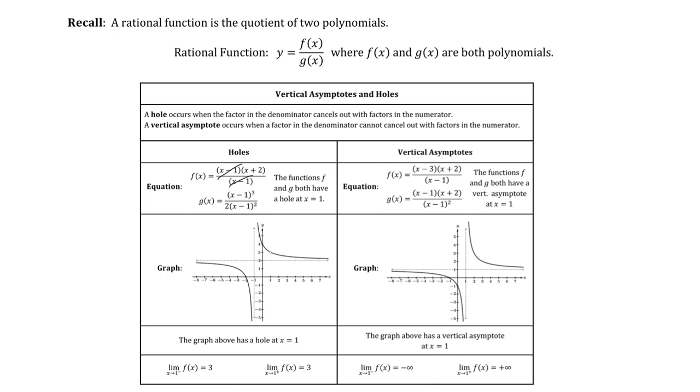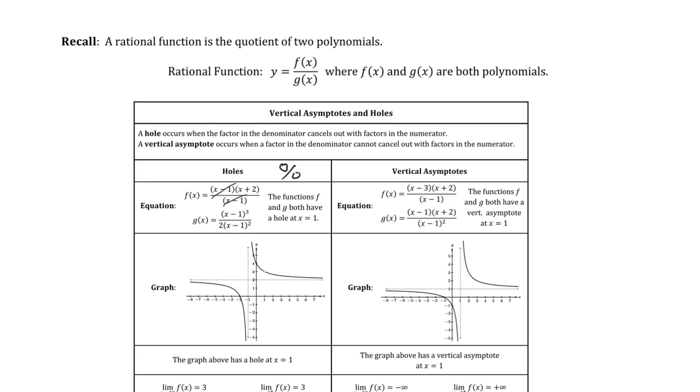I would end up getting a 0 in the numerator and a 0 in the denominator, and we can't have that, right? We can have zeros in the numerator, but because the zero's in the denominator, we have a problem. But since you have 0 over 0, that's what creates a hole.